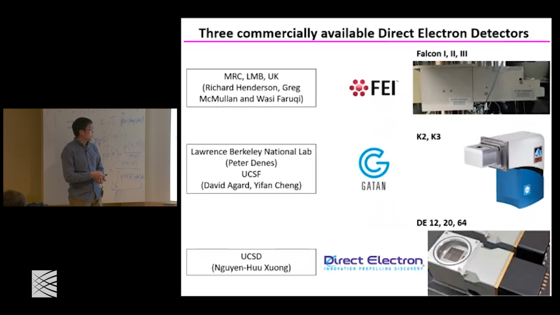Particularly for Gatan, the K2 and K3, at that time it was the K2. It was developed by a collaboration of several groups. And the first camera tested on a biological sample was right at UCSF. I was lucky enough that TRPV1 was the second data set ever collected on the K2.